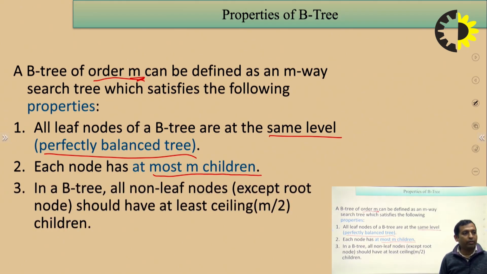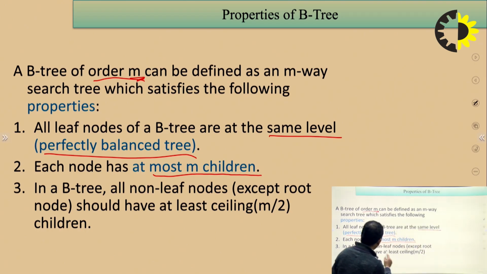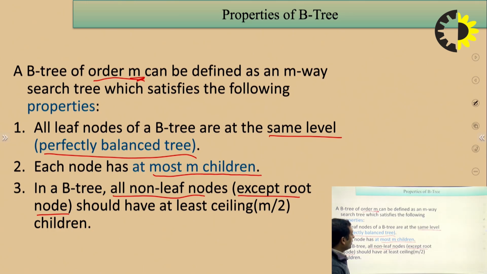In the B tree, all non-leaf nodes except the root node should have at least ceiling of m by 2 children.